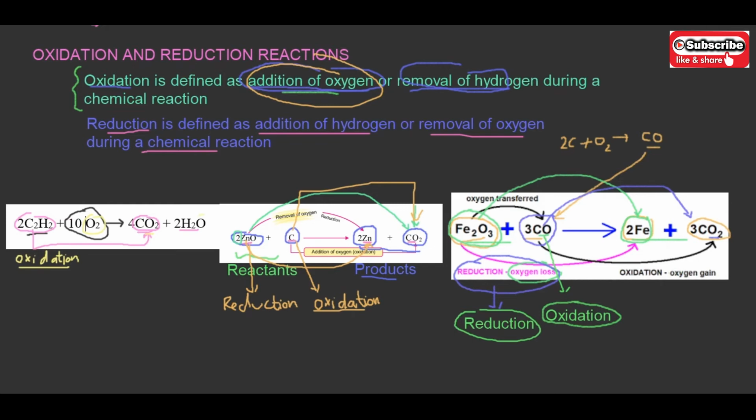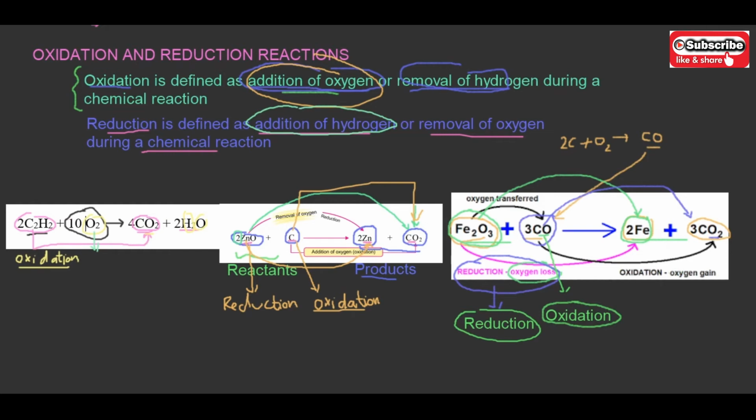Now in this case this oxygen atom is bonded with hydrogen. So it means we have added hydrogen to this oxygen atom. So addition of hydrogen is known as reduction. As you can see in the definition, reduction is defined as addition of hydrogen.